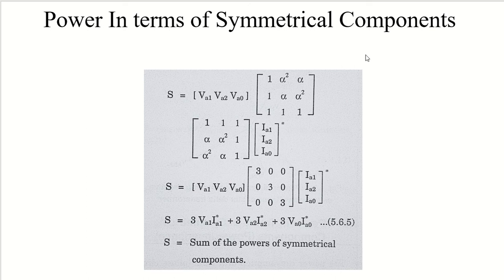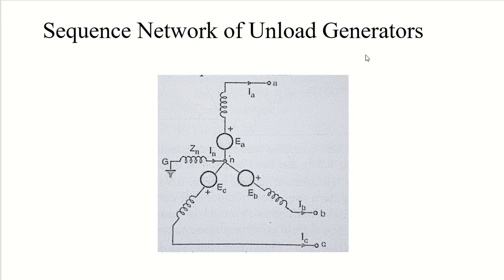Now let's come to the sequence impedance network, or sequence impedance. Firstly, we know that power system elements like transmission line, transformer or generator, synchronous machines, they all have three phase symmetry in common.